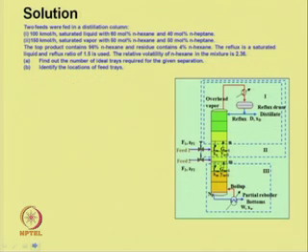Let us consider the rectifying section 1 over here. So, the reflux is a saturated liquid.